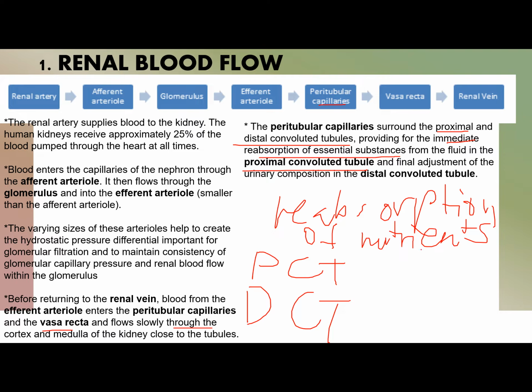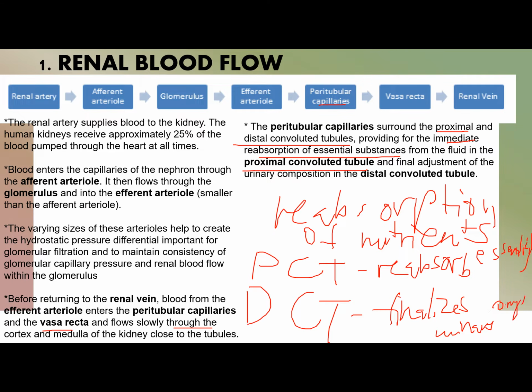Si PCT nyo would reabsorb essential nutrients. While your DCT naman siya class, siya yung nag-finalize ng urinary composition. So later during the discussion, merong slide ako na magpapakita which essential nutrients are being absorbed by PCT, which essential nutrients are being absorbed by DCT.